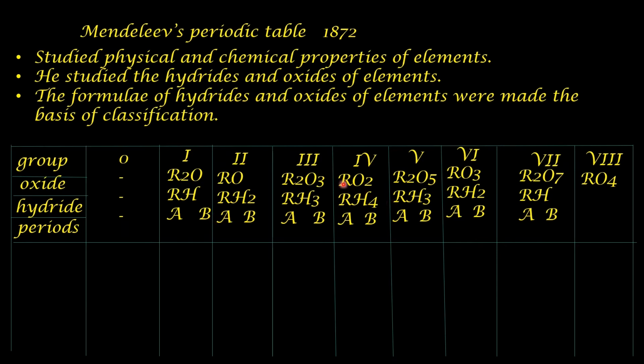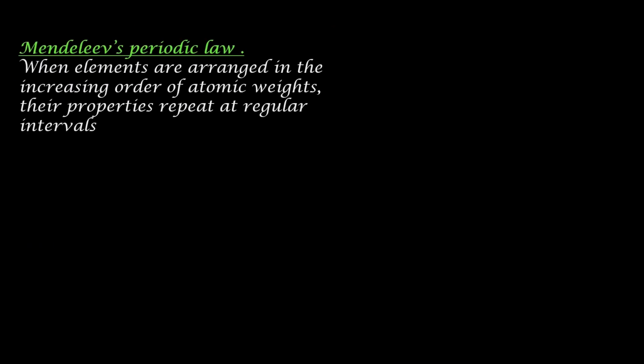So you can see that the basis of classification is the formula of hydrides and oxides. Excepting the zero group and eighth group, all the other groups are classified into 2 subgroups, A group and B group. Mendeleev periodic law states that when elements are arranged in the increasing order of their atomic weights, their properties repeat at regular intervals.